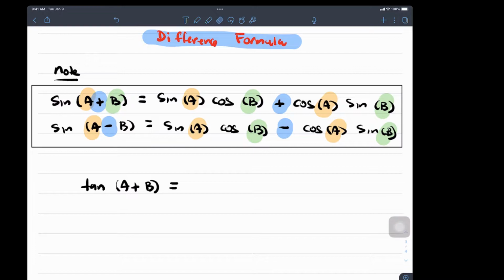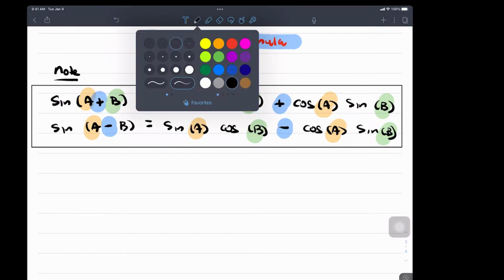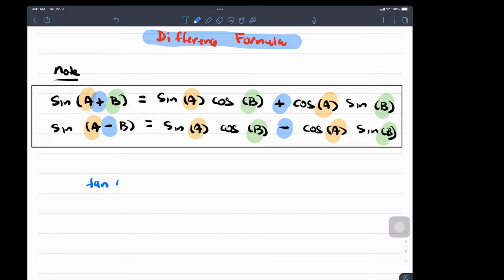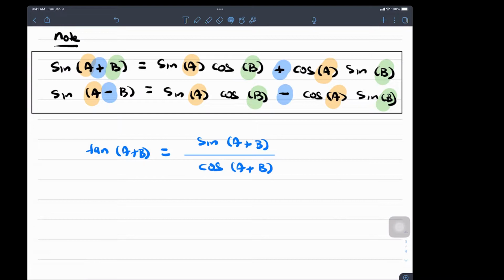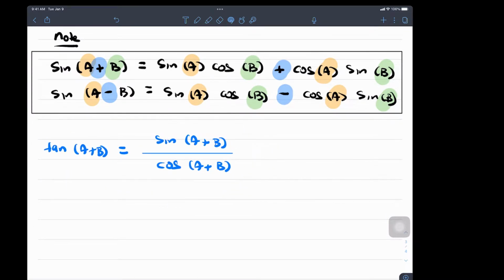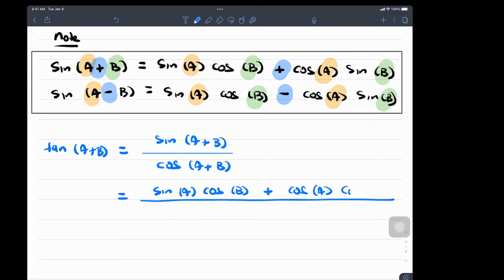Let's look at tangent. We know it's sine A cosine B plus cosine A sine B.